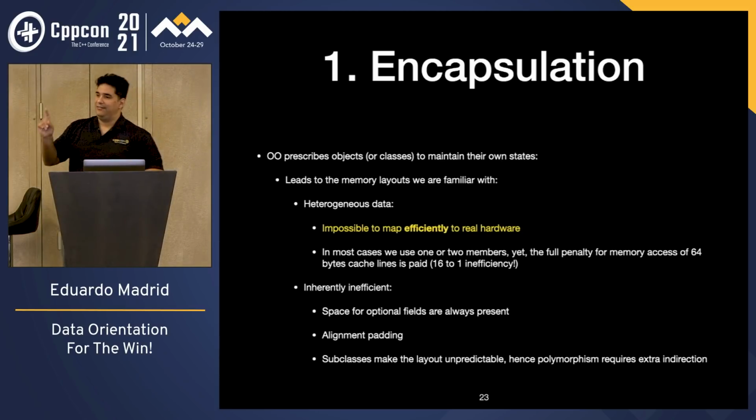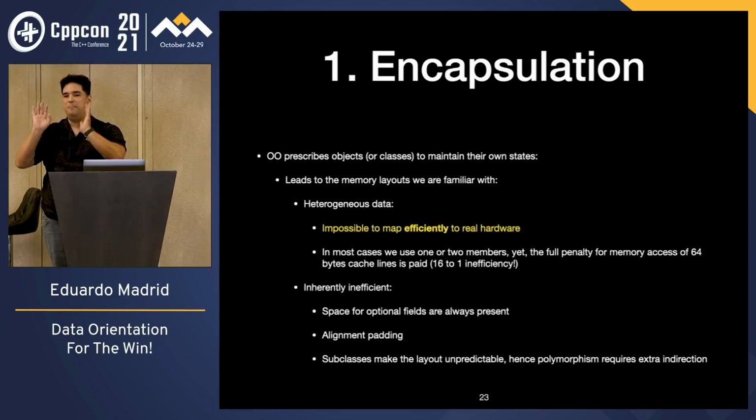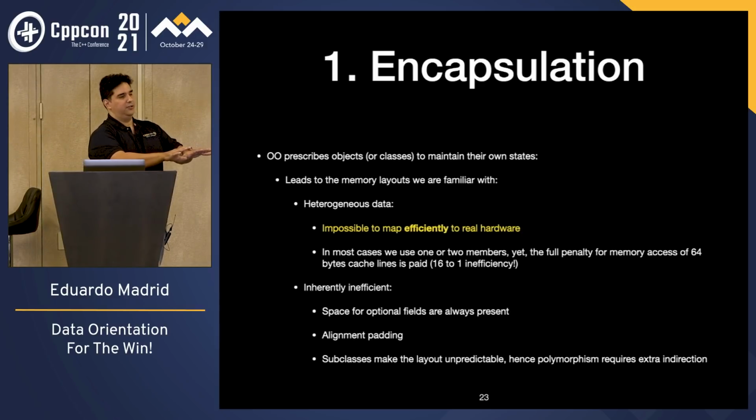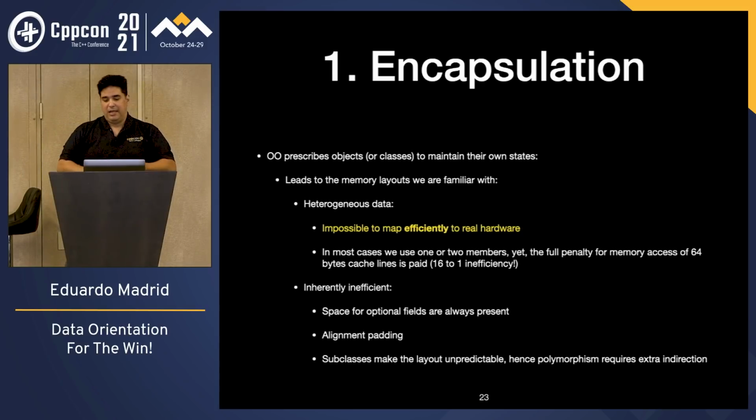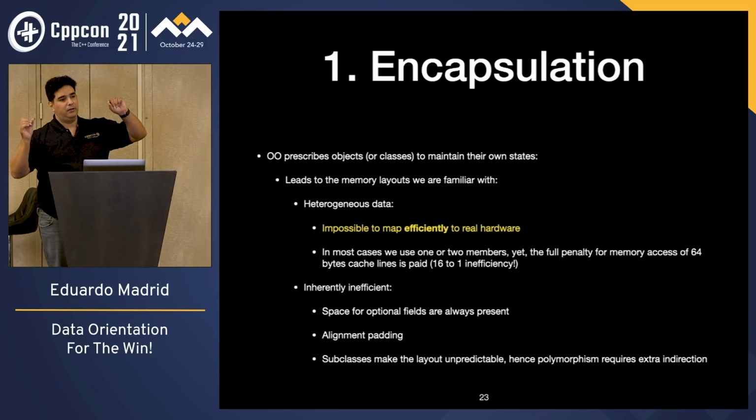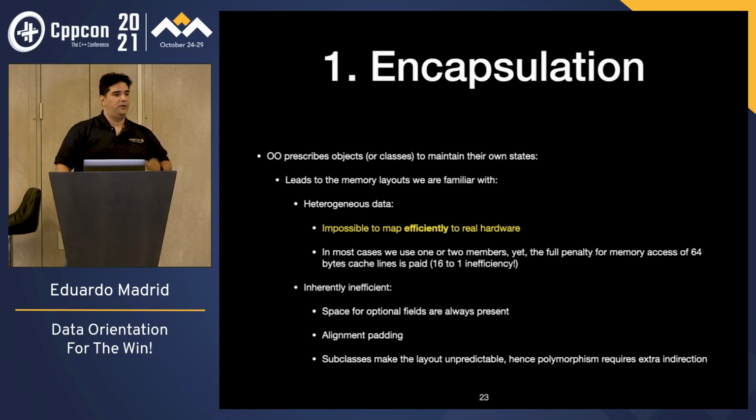The problem is that that is heterogeneous data, that it is impossible to map to real hardware for truly efficient computation, okay? And one example is you have, for example, a data type that only takes 16 bytes. It's a small data type, and you only use one of the members of that data type because the others are there.